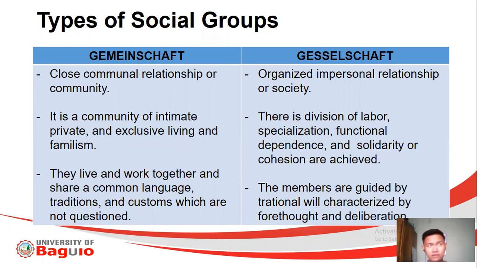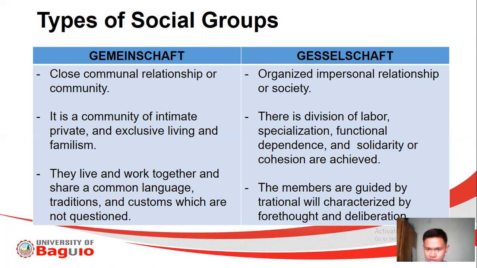So I think my example there was yung pagpila sa jeepney, di ba? You are located in a certain area pero it does not mean that you know each other. So ang main purpose nyo lang for being at the same place at the same time is there is a certain purpose, di ba?